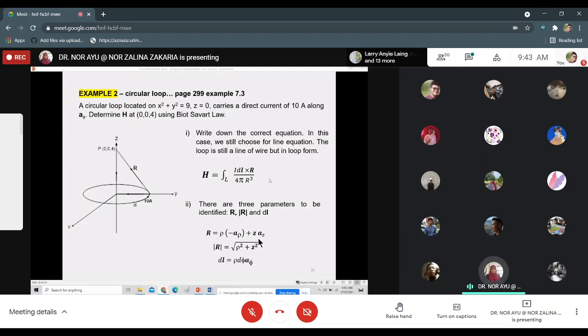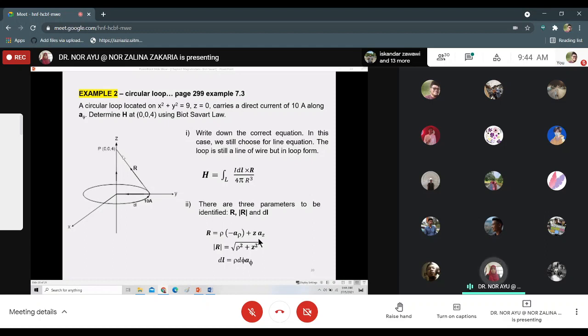And then the next step is you need to determine the parameters of the equation earlier. So you need to find R, the magnitude R, and also dl. If you look here, this is your R. So first again, you must find the equation. The second, you must determine the parameters. How to determine parameters?